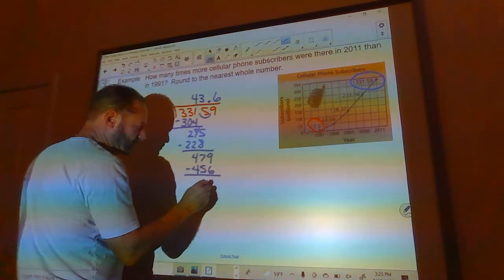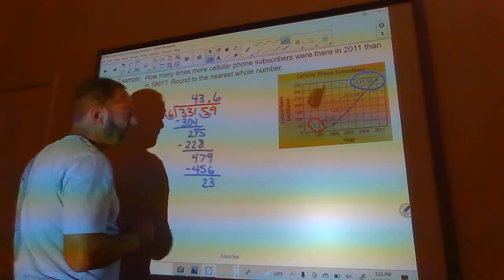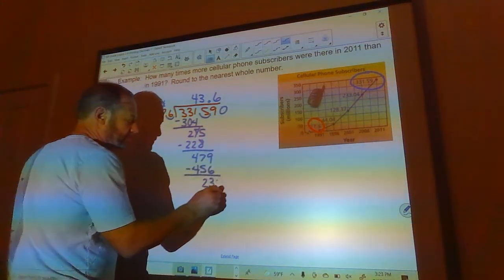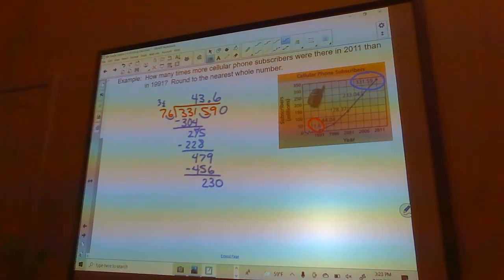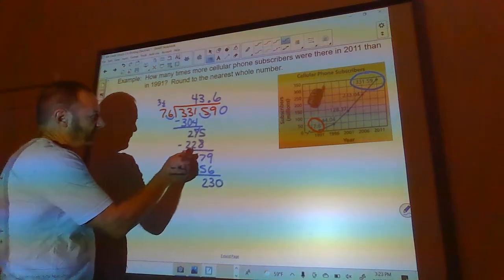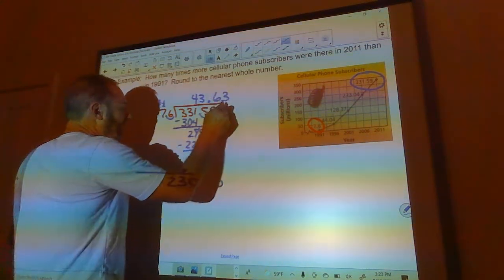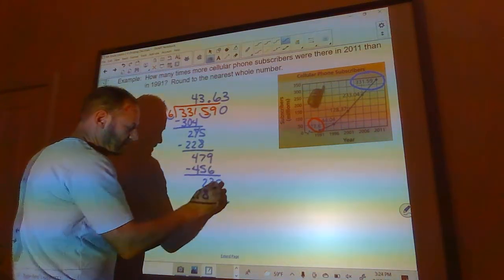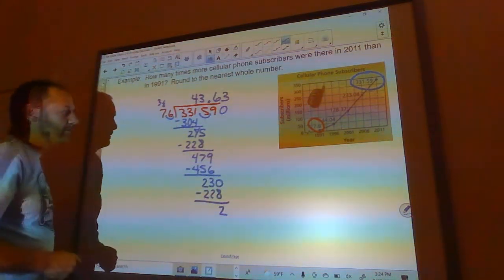Okay, so that's going to be 23. And I'm going to have to add a 0 and drop that down here because we haven't terminated yet. 230. Oh, well, we knew that'll go in about 3 times because that's 228. We already figured that out here. That leaves 2.